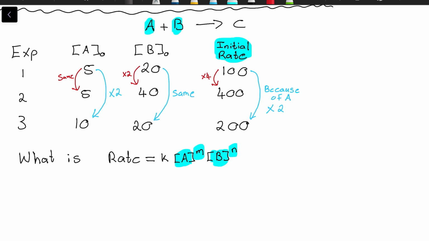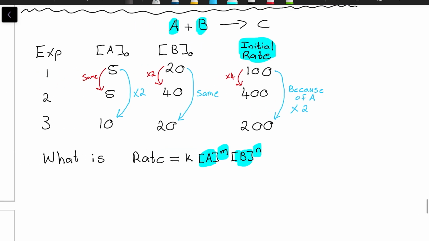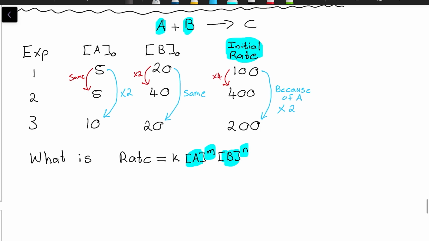Okay, so let's perhaps summarize this information for ourselves. Where's a better place to write this? So, experiment 1 and 3. Keep it in the blue. And this is the effect of A.